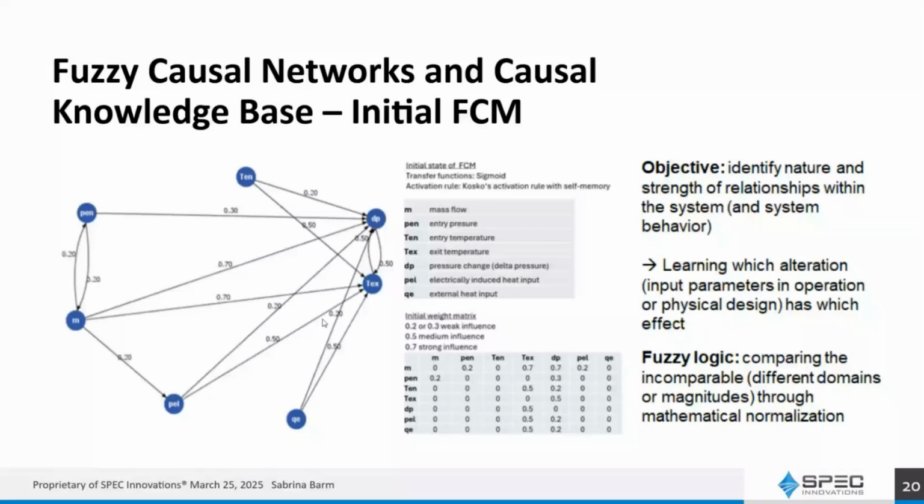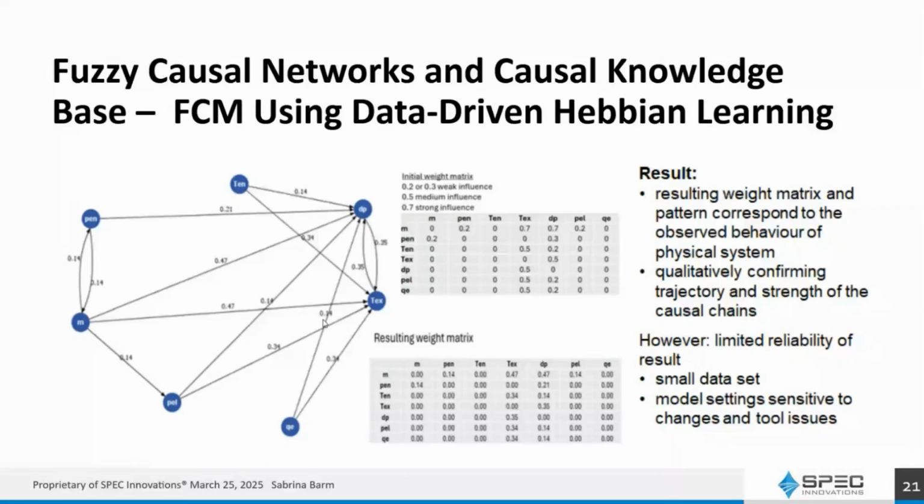And using our experimental data, we've used a Hebbian learning algorithm to run a pattern recognition, and looking at that result, it looks pretty similar to what we've just seen.